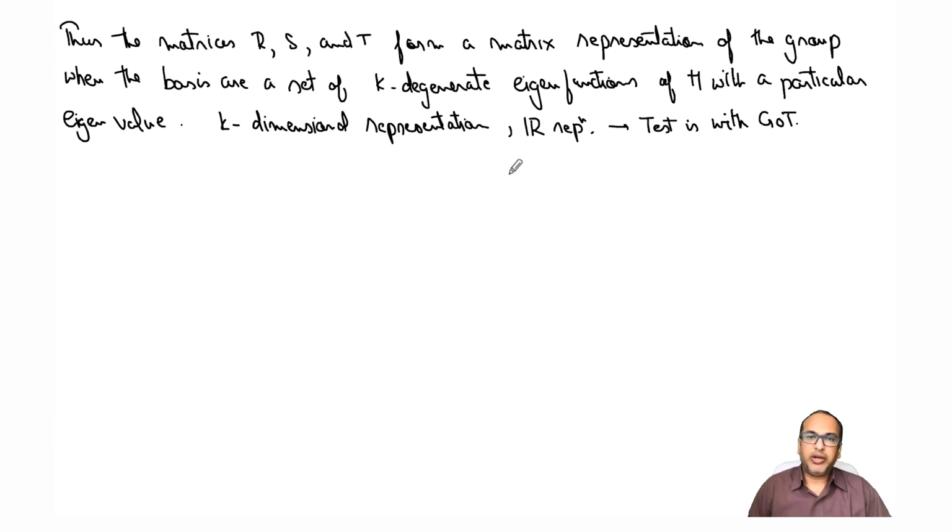Whenever your eigenfunctions give a k-fold degenerate eigenvalue, the representation that you will get using those eigenfunctions as the basis set will be a k-dimensional, irreducible representation. So this covers the wave functions as the basis set subtopic of group theory and quantum mechanics.